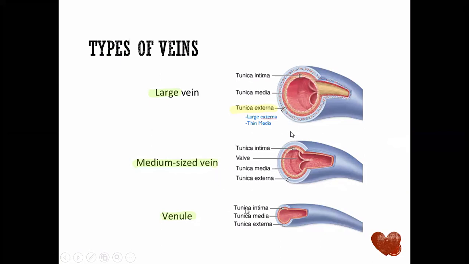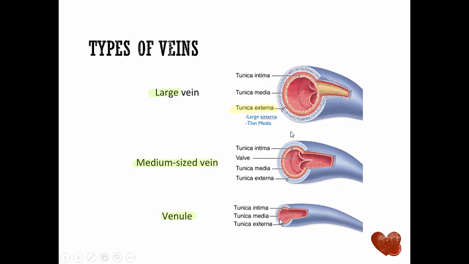And then the mean venule almost. You have your tunica intima, tunica media, and then your tunica externa. So this is more differentiating, the large vein to the medium-sized vein.